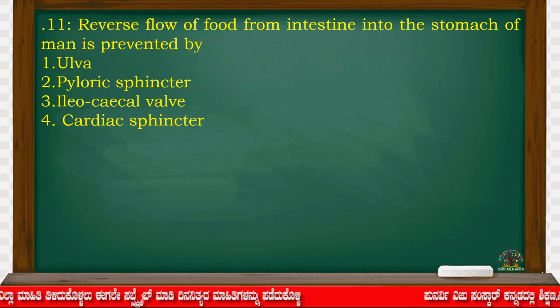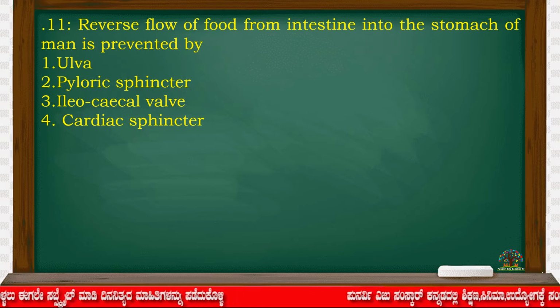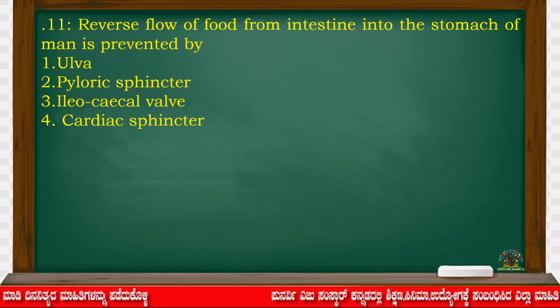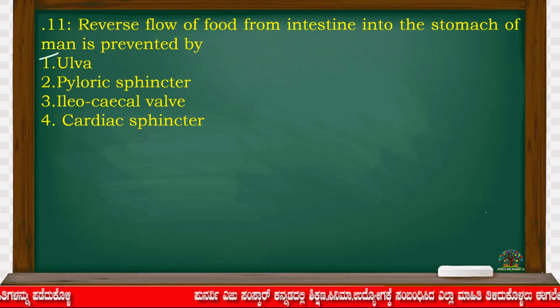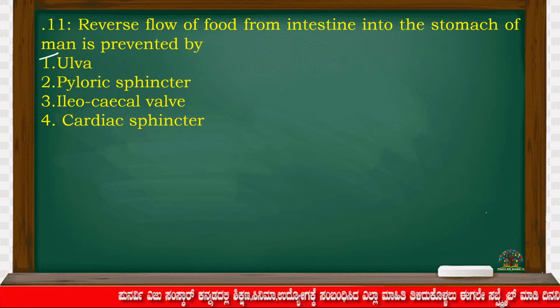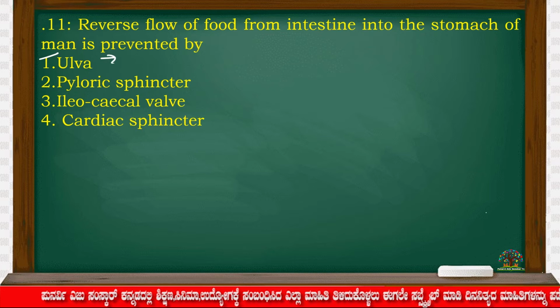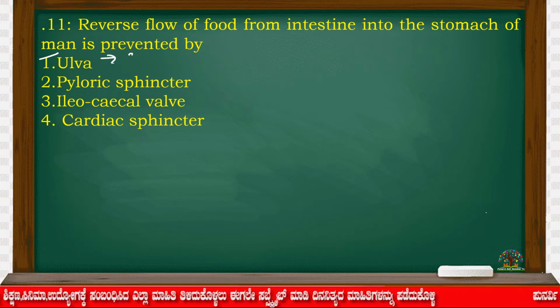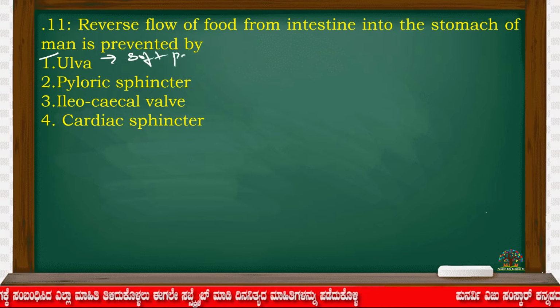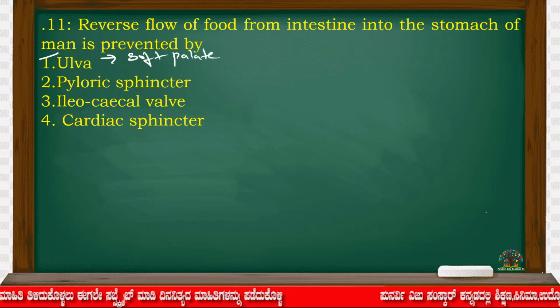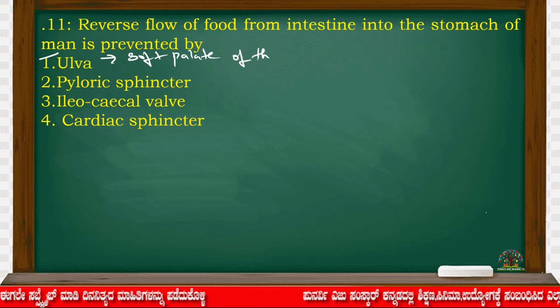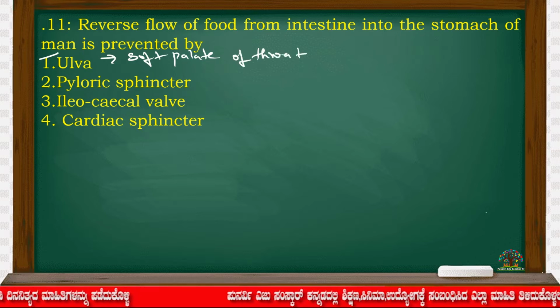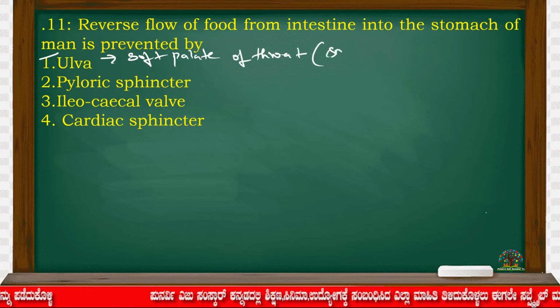So looking into option number 1, vulva. Vulva is nothing but a soft pellet of the throat. Sometimes it is wrongly called the small tongue.